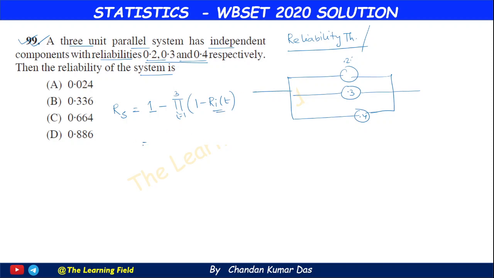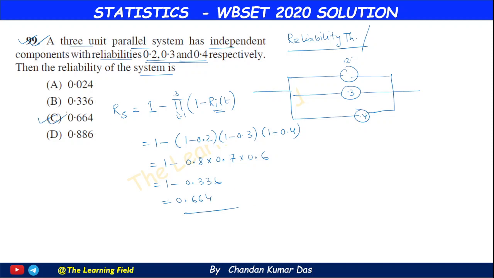So this is equal to 1 minus (1 minus 0.2) into (1 minus 0.3) into (1 minus 0.4). This is equal to 1 minus 0.8 into 0.7 into 0.6, which is 1 minus 0.336, equal to 0.664. So this is the answer of this question, option number C.